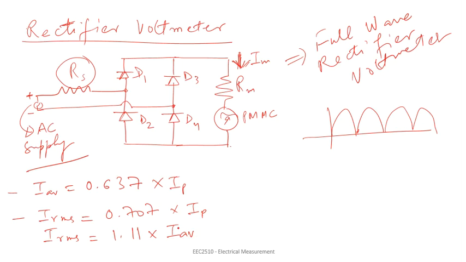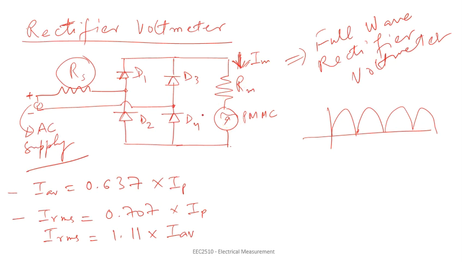Since there are direct relationships between these RMS, peak and average values, we can say that the meter scale can be calibrated to indicate the RMS values. So this is the concept of the PMMC type instrument when used to measure AC quantities.